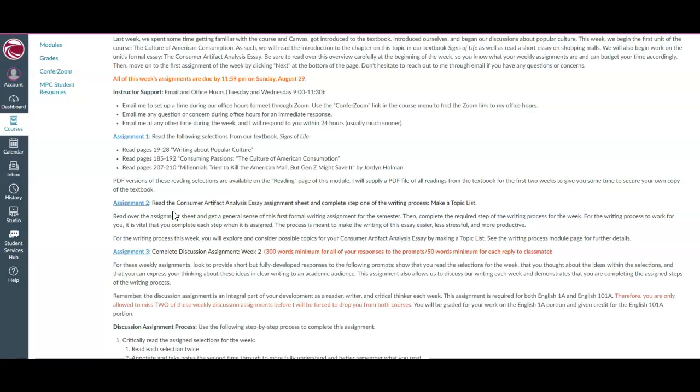I'll be talking more about that on those pages of our module. But for this week, your responsibility for the formal essay will be to read the assignment sheet and then to take that first step of the writing process, and that is to consider options for the topic of your essay. So just thinking about the topic options for this week, and that's all.